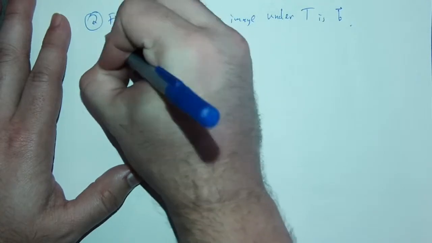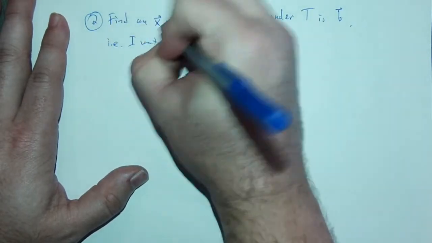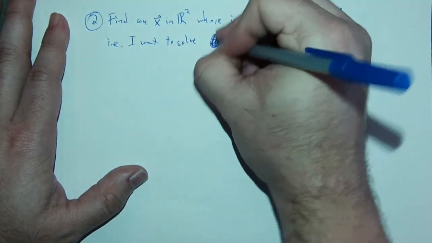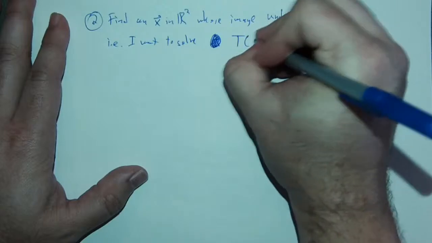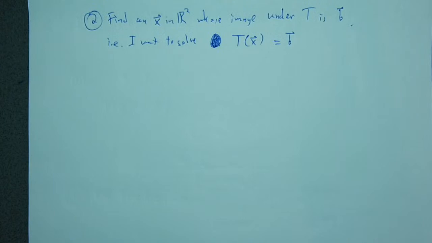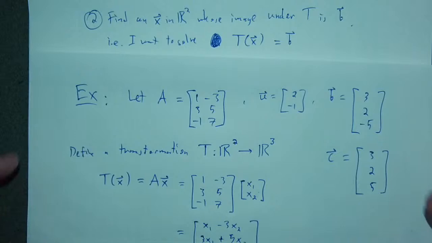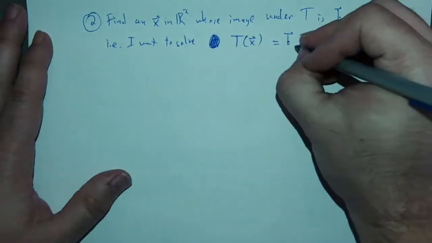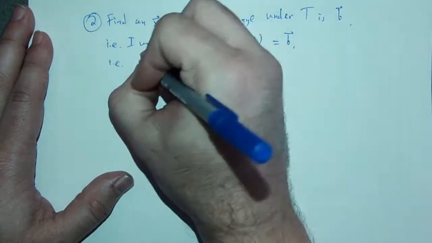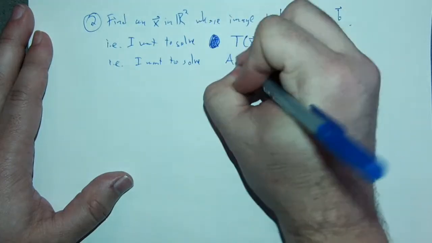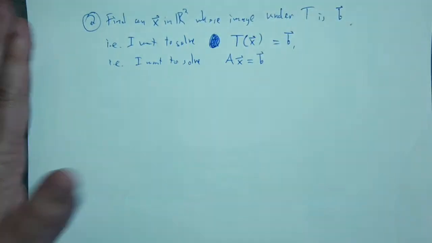I.e., I want to solve the equation T of x is equal to b. But how is T of x defined? Well, on my sheet of paper here, T of x is A times x. So I want to solve Ax equals b. Aha! Right?